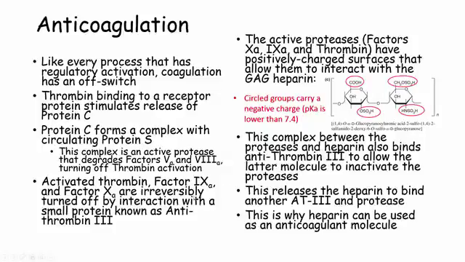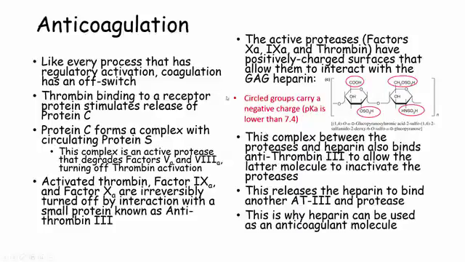And this happens by the proteins irreversibly interacting with a small protein known as antithrombin 3. Antithrombin 3 is a protein in the class called serine protease inhibitors. It binds to these activated proteases and goes through part of the reaction cycle with them, covalently modifying the enzymes and leaving them dead.